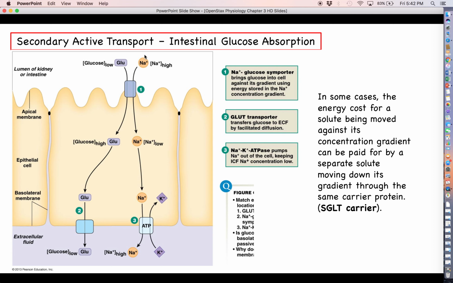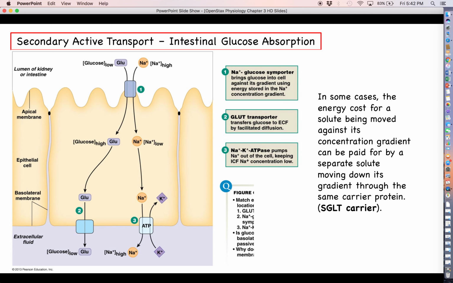So eventually, if we keep doing this, we're going to get to the point where the concentration of sodium is the same inside the cell as it is outside. And once we do that, we no longer have a concentration gradient for sodium, and at that point, we can no longer utilize secondary active transport to transport sodium across that apical membrane.